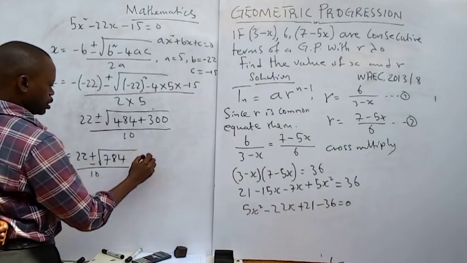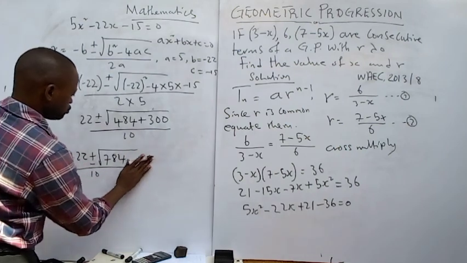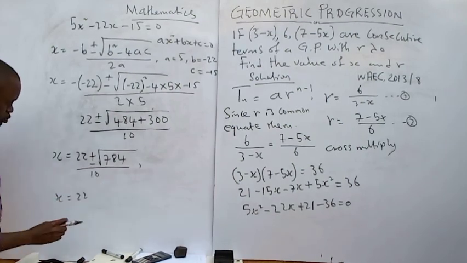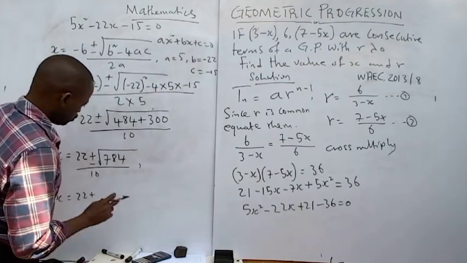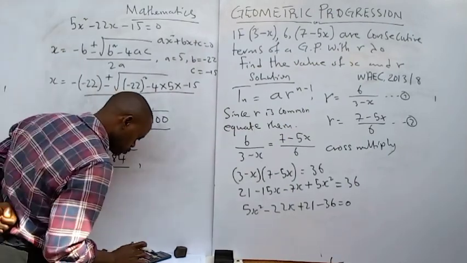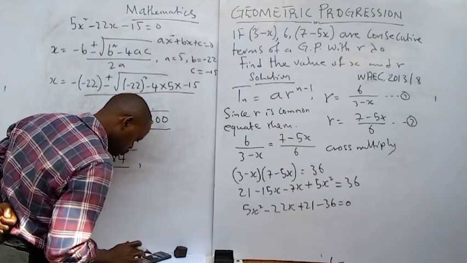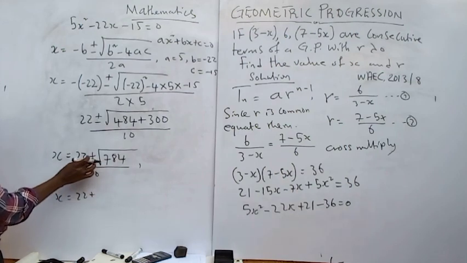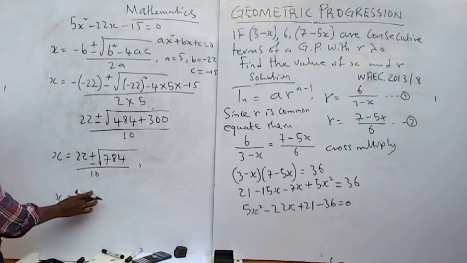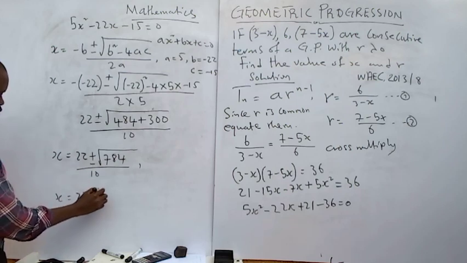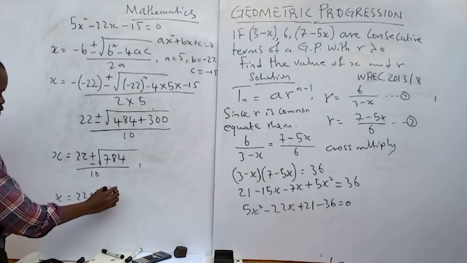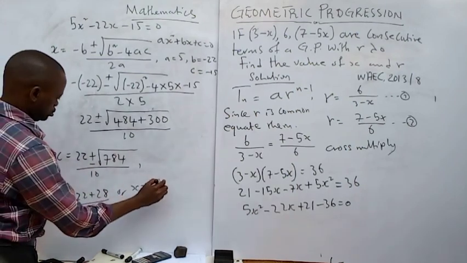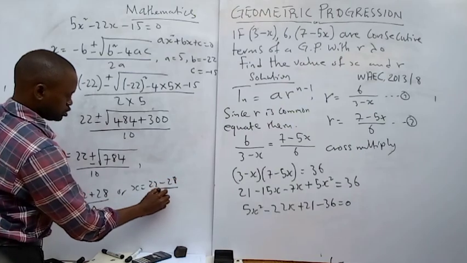X is equals to 22, let's check the square root of 784. Square root of 784 is 28. So either we are adding 22 to the square root of this, which is 28 over 10, or x will be 22 minus 28 over 10.